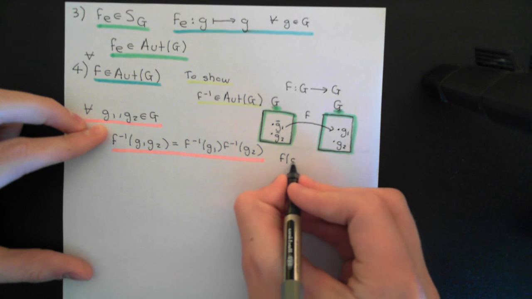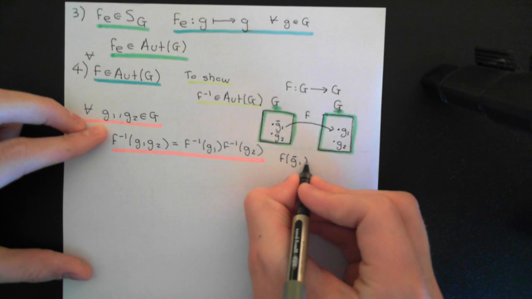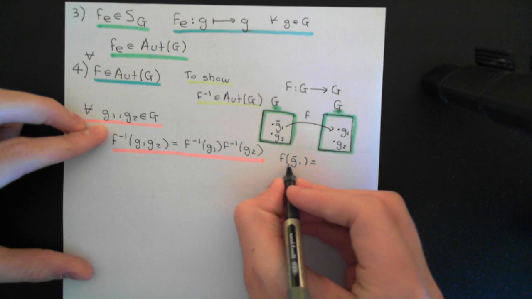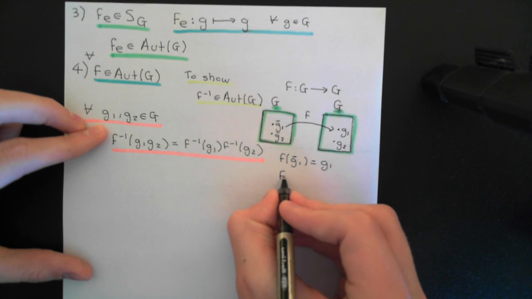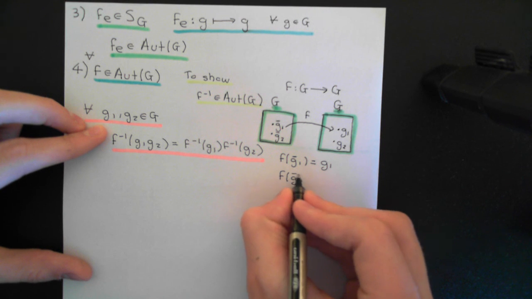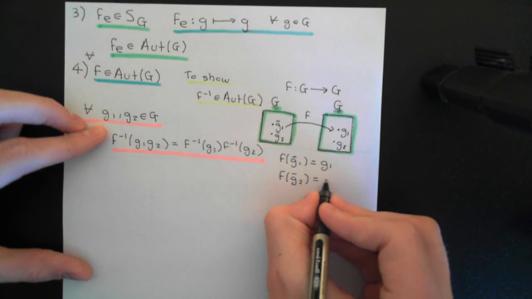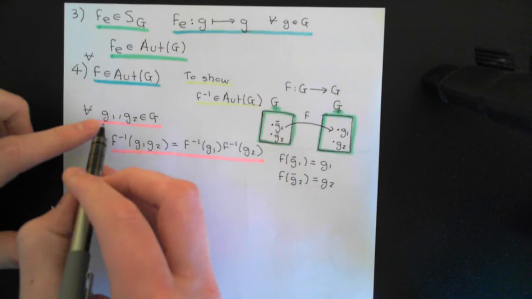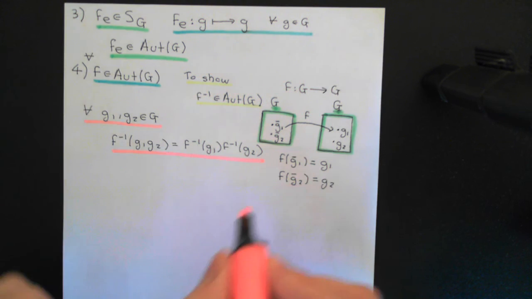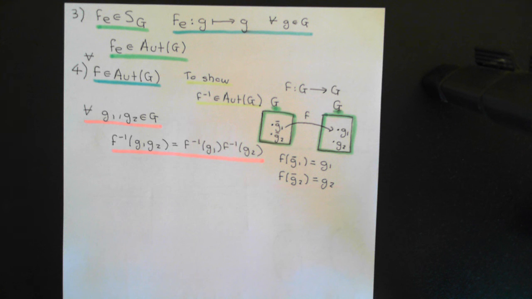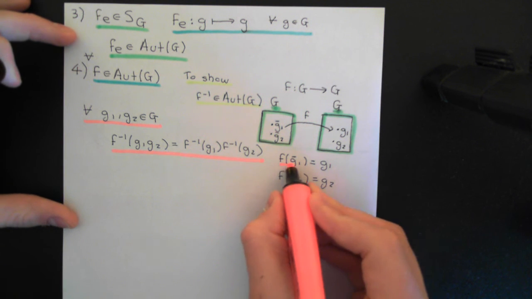Okay, so my claim is that I can find a g1 bar such that under the mapping f it is mapped onto g1, and I can find a g2 bar such that under the mapping f it's mapped onto g2. So you give me any g1 and g2 you like. I can find these elements, which I'm calling g1 bar and g2 bar, such that when I apply f, this mapping, to them, I get g1 and g2.